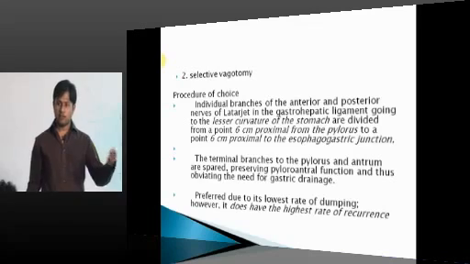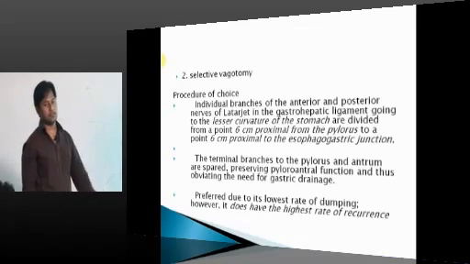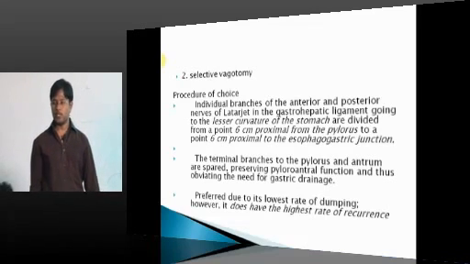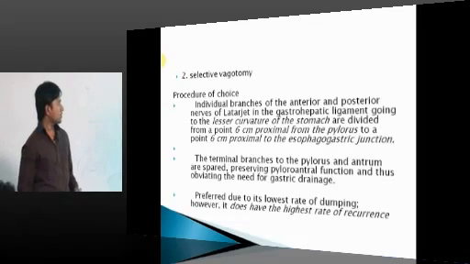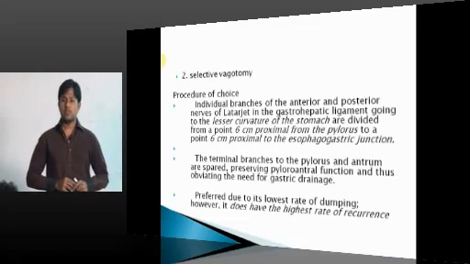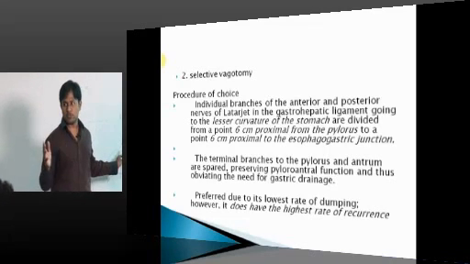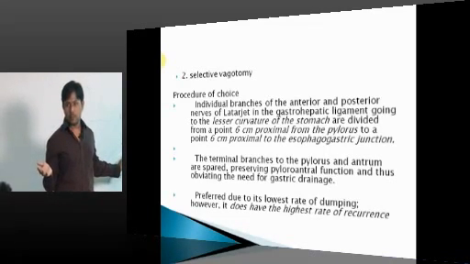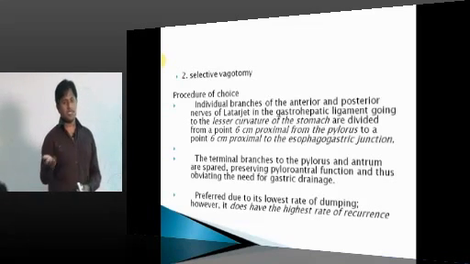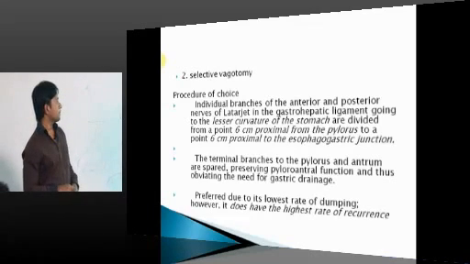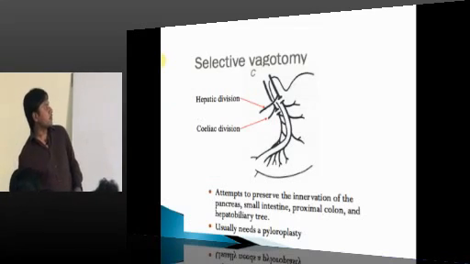In the case of right vagus, you try to spare the celiac branch. The advantage of this is some motility is present, so no need of a compulsory drainage procedure. But the disadvantage is some fibers are present, so increased chances of recurrences will also be present. Okay, right. That is regarding selective vagotomy.